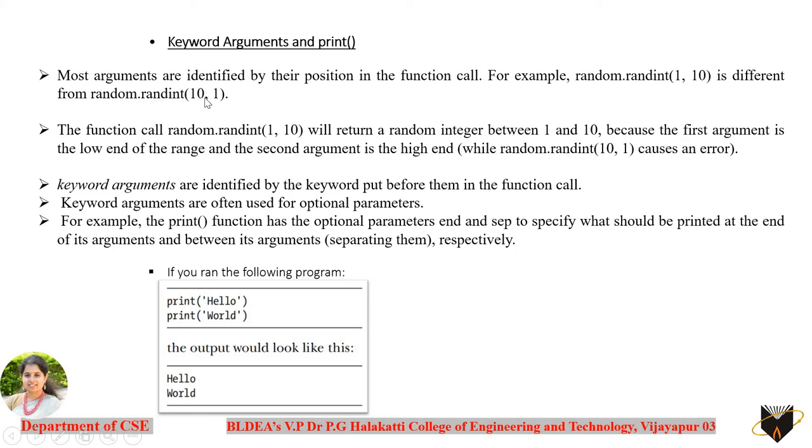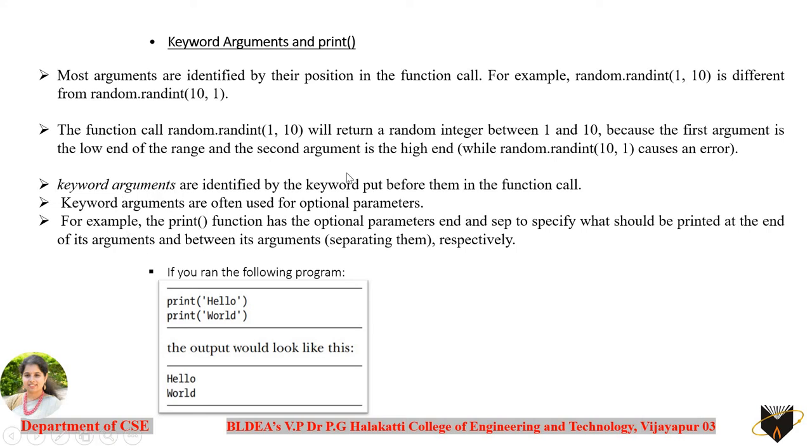Why? Because you cannot tell it to randomly select a range from the highest number to the lowest number. So that's why this example is given here. Whenever you pass arguments to any function, either built-in or user-defined, make sure that the order of the arguments plays a very important role here.